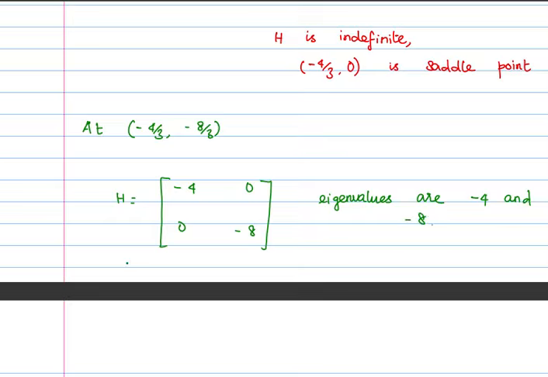All the eigenvalues are negative, so H is negative definite. This implies the point (-4/3, -8/3) is a relative maximum.